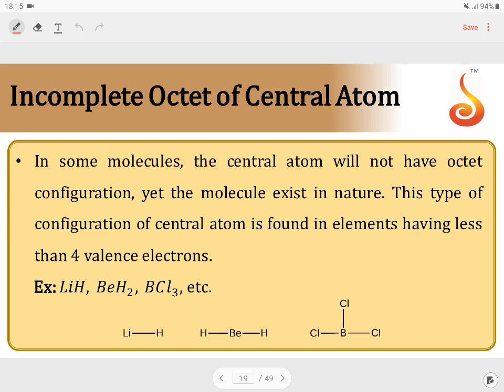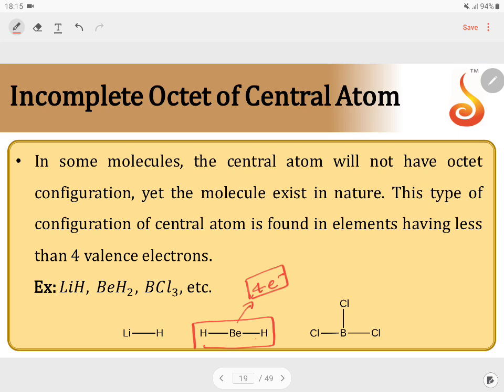This type of configuration can be seen in beryllium chloride. Beryllium chloride forms only two bonds. Two bonds means 4 electrons. Even after the formation of two bonds, it has only 4 electrons, less than an octet.